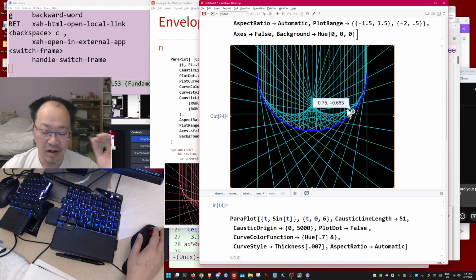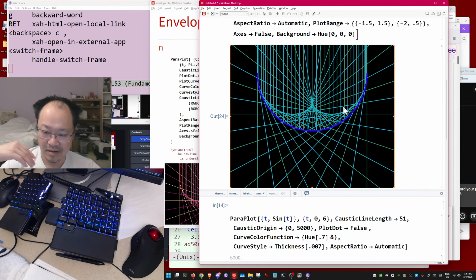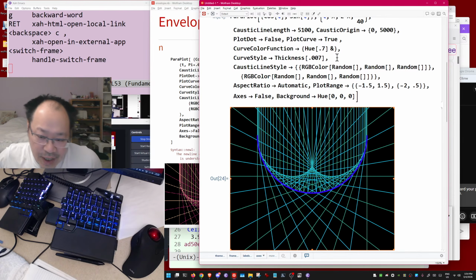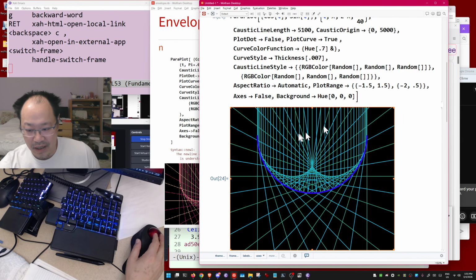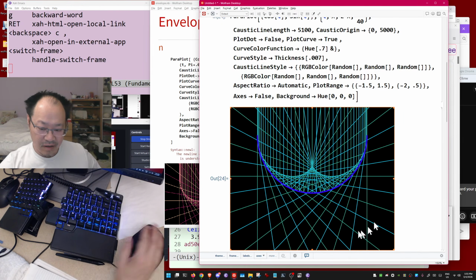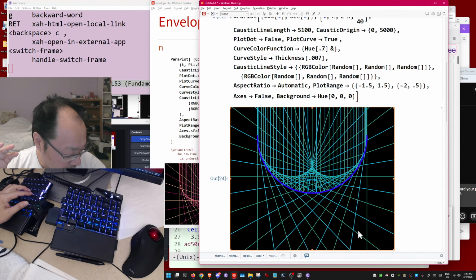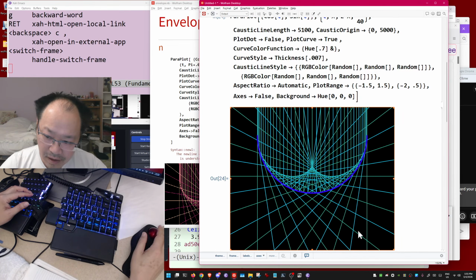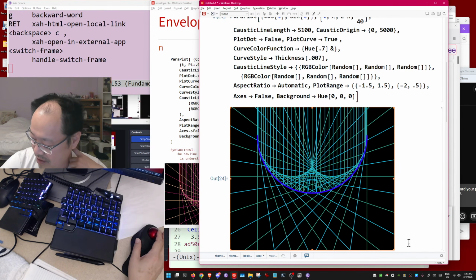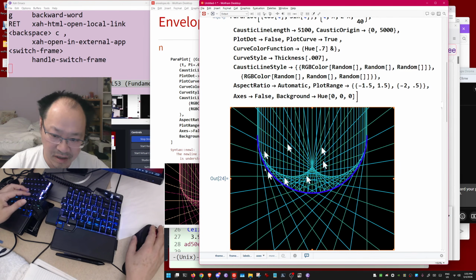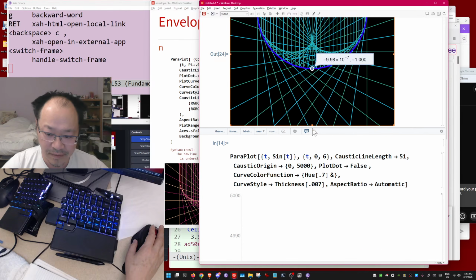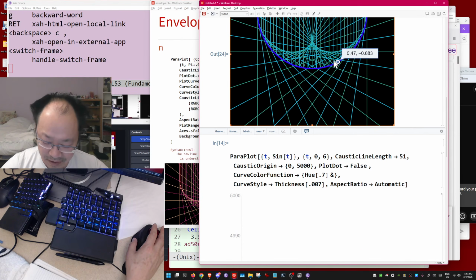That's called the caustics of this curve at parallel rays. Okay, that's called catacaustic, and what's the other word? Anyway, that's called caustics. That's like optics, the study of optics.